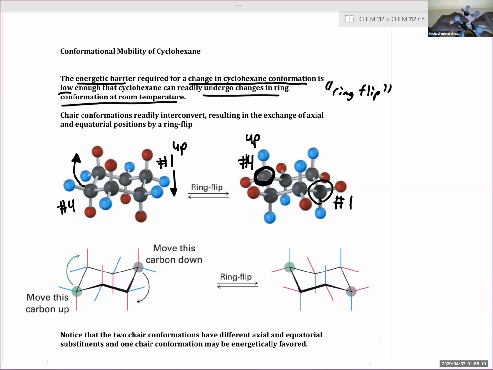Okay, I'm going to raise carbon number 4 and drop carbon number 1. Now from our camera view, is our yellow carbon, carbon number 1, now in front?